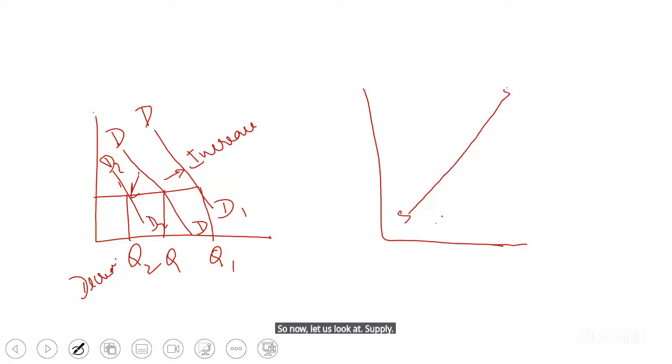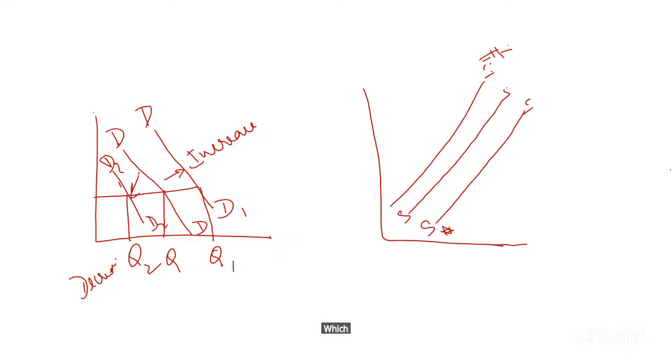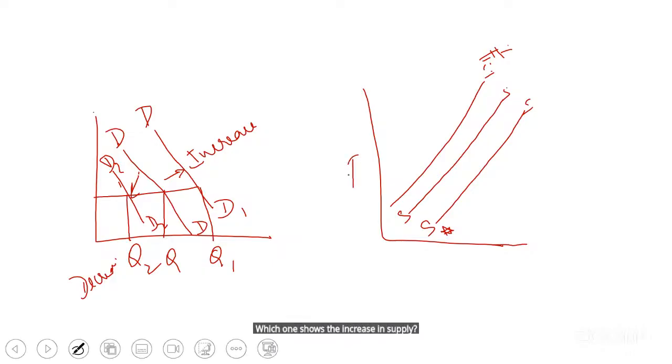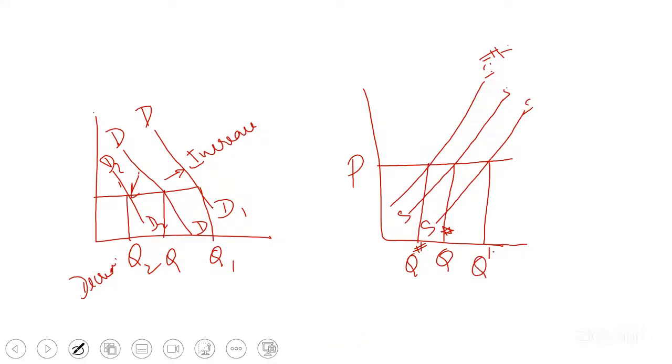S star, S hash. In this, S is the original supply curve. Which one shows the increase in supply? X hash, Q hash, Q star.